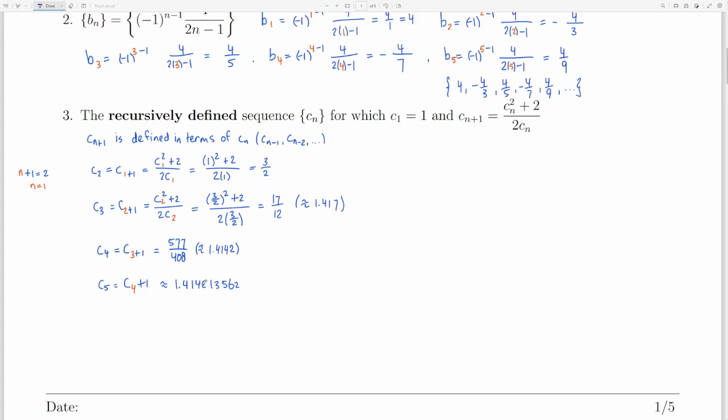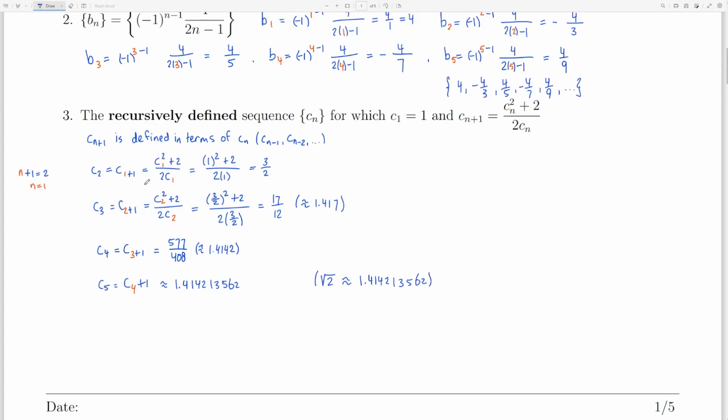And this is actually a special value that this sequence converges to. Because if you put this into your calculator, square root of 2, you see that square root of 2 is approximately equal to 1.4142135562.